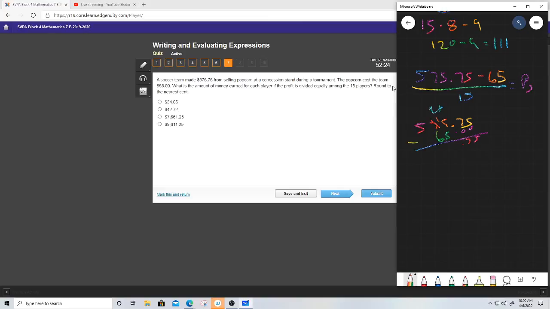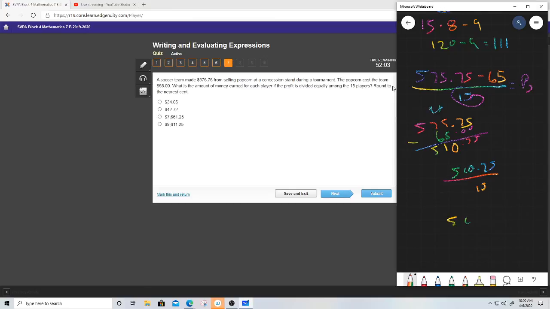Alright, we had a borrow here. Oh, my bad, my ugly handwriting. That looked like an 8 to me, but that's a 5. So 5, 10, and 75. And now we need to divide by 15.